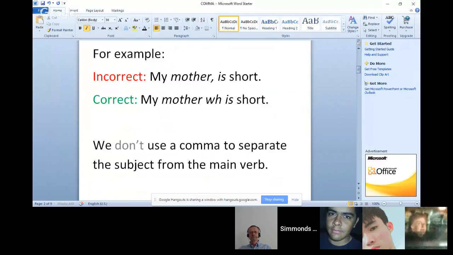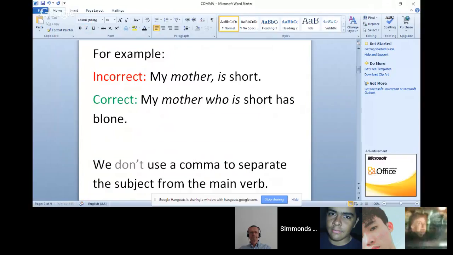My mother, who is short, has blonde hair. Then it's another one of those clauses. So it's also information, but you're not separating the full sentence. No, it's still one sentence, basically. Exactly. My mother, who is short, has blonde hair.